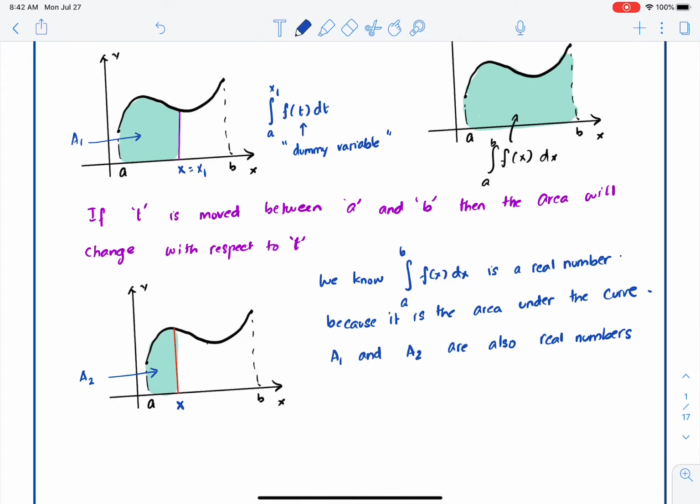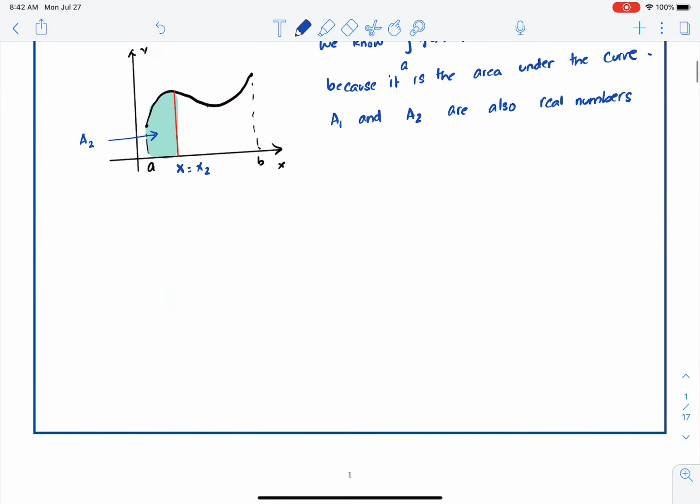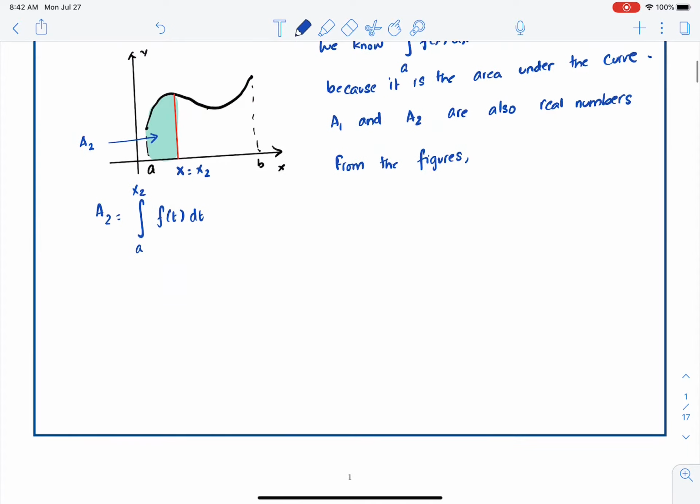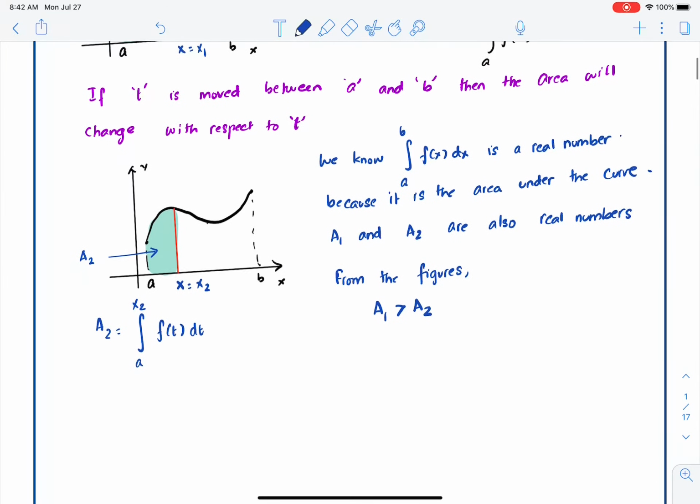If I pick x equal to x2, then this area, A2, would be the integral from a to x2 of f of t dt. And from the figures, you can see that the area A1 is greater than A2. You can see that clearly. A1 is bigger than A2.